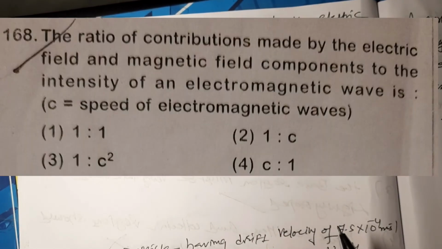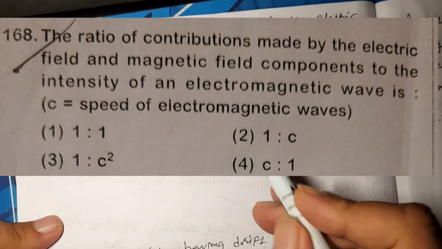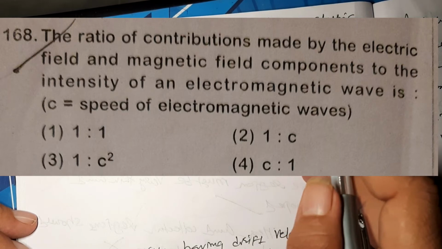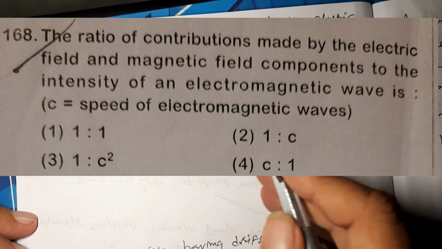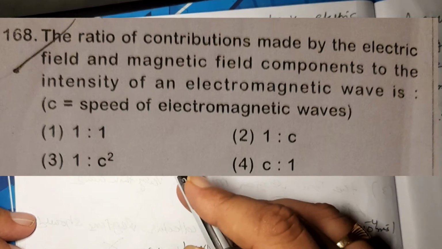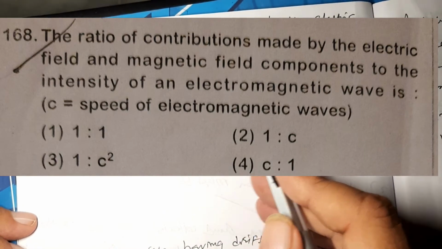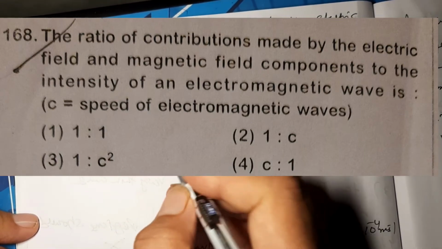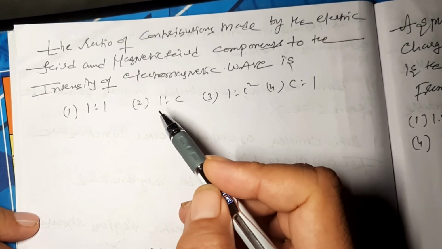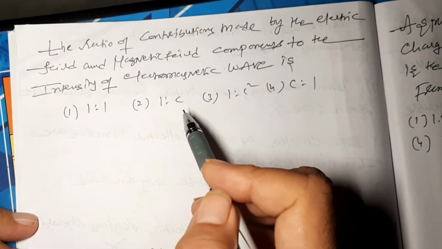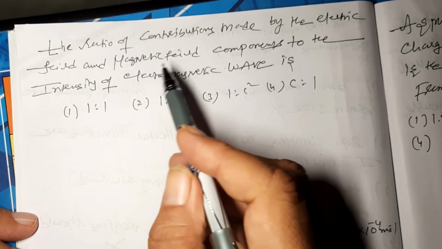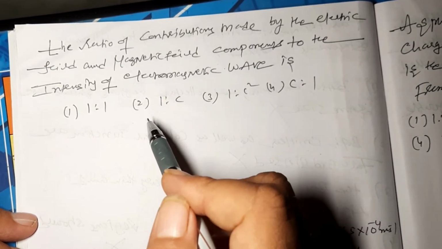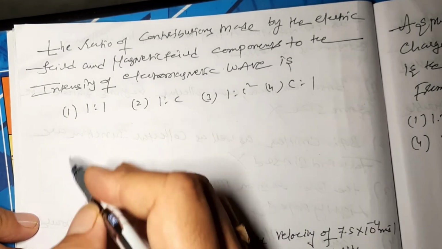So next we will discuss another question. The ratio of contributions made by electric field and magnetic field components to the intensity of electromagnetic wave is? The intensity of electromagnetic wave depends upon energy density of electric and magnetic fields.